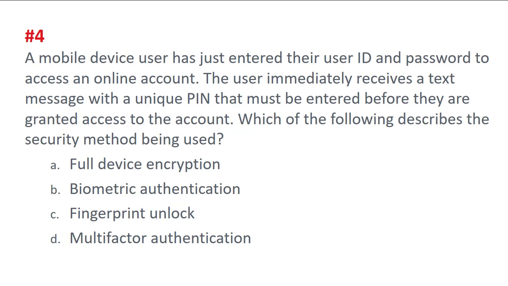Number 4, a mobile device user has just entered their user ID and password to access an online account. The user immediately receives a text message with a unique PIN that must be entered before they are granted access to the account. Which of the following describes the security method being used here, in that they just put in their user ID and password and now they're getting a text with a unique PIN that must be entered?